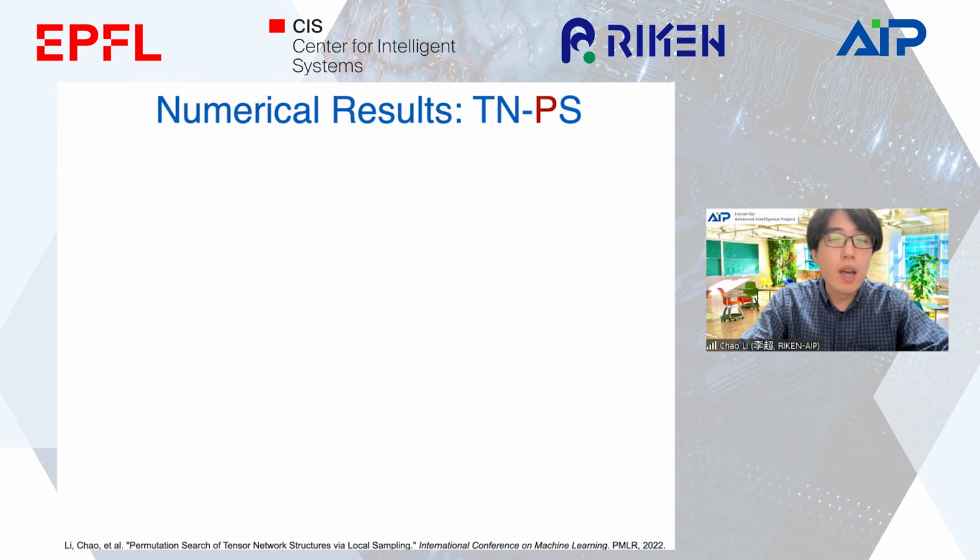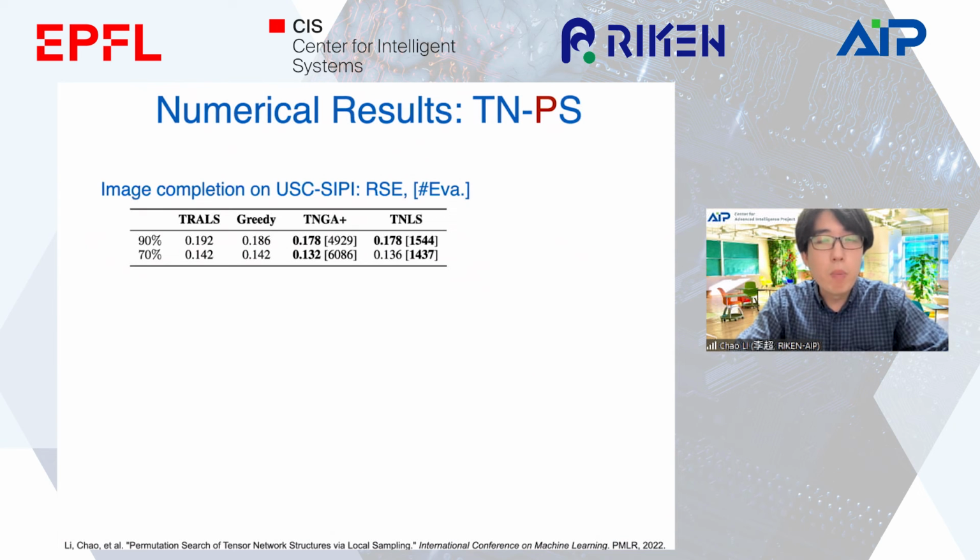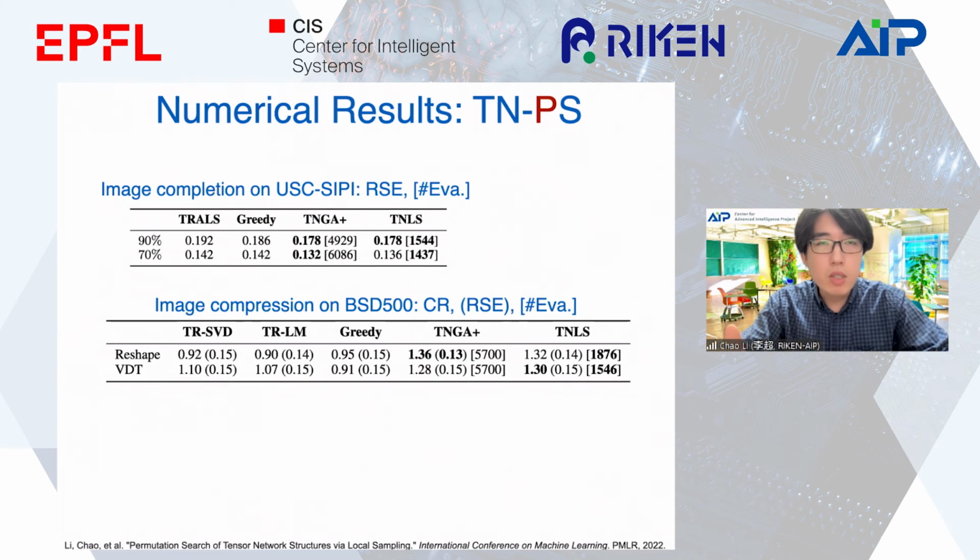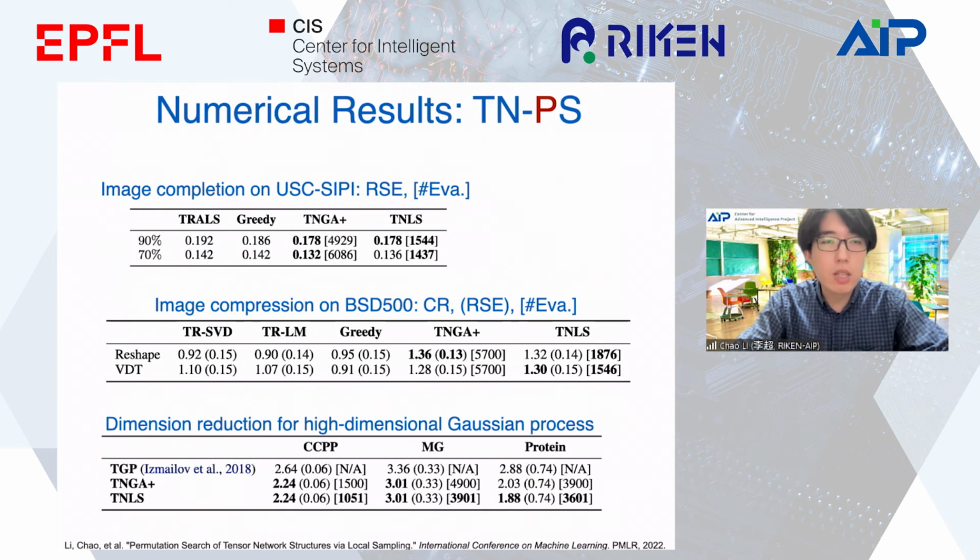And the second experiment is for the tensor network permutation search. Here we applied our permutation search algorithm to 3 benchmark experiments. There are image completion, image compression, and dimension reduction for Gaussian processes.